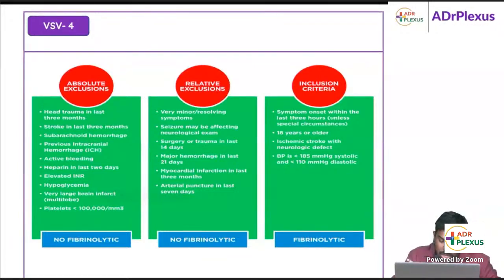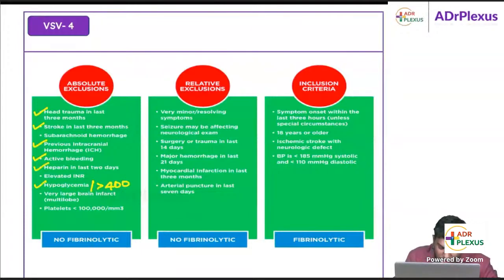So the contraindications are: head trauma in the last 3 months, stroke in the last 3 months, any time hemorrhage, any active bleeding, heparin in the last 2 days, hypoglycemia, and sugars more than 400.